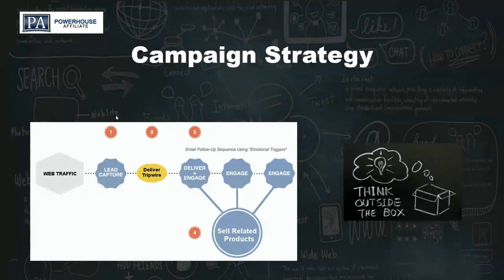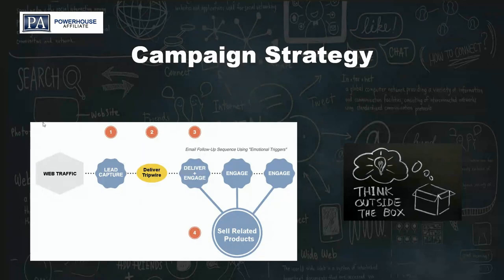And I'm going to show you that as we move on. So the strategy here is to get the traffic into a lead capture page, which I'm going to show you examples of for this campaign. And then we're going to deliver them directly into a tripwire product. And we've explained this in some of our other courses, what this means. And basically, it is a sales page right away that we're trying to get people to buy a product.